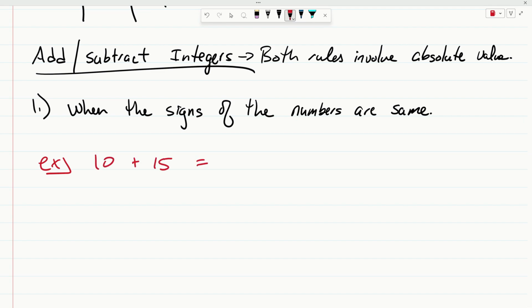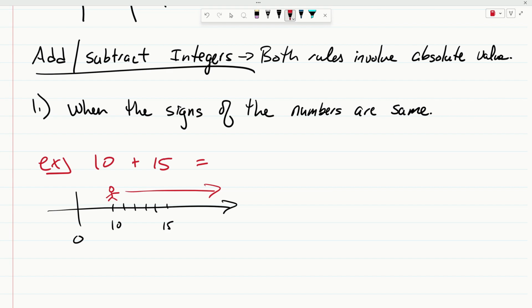Well, if you think about a number line, if you're at 10, okay, and you add 15, notice that you're moving in the right direction because you're increasing that value.